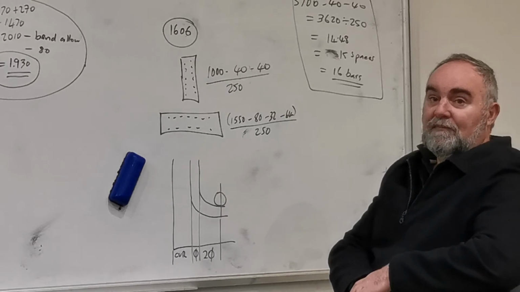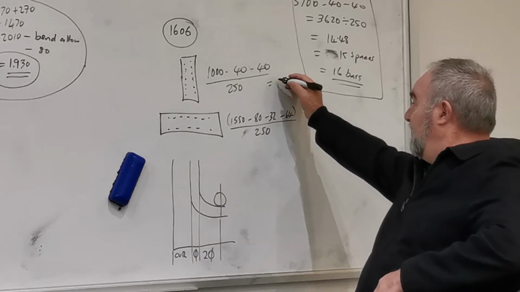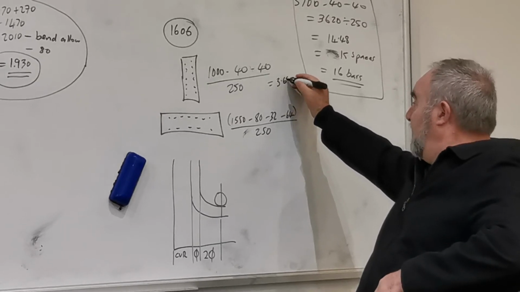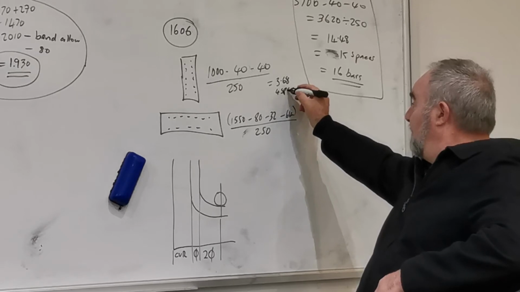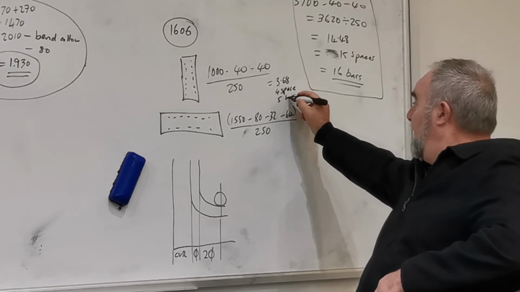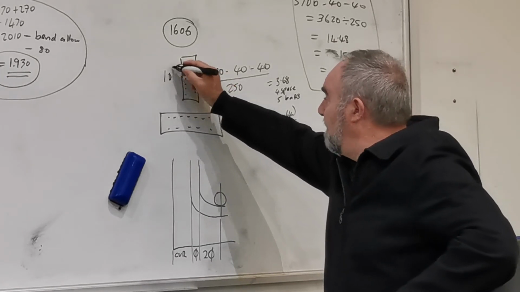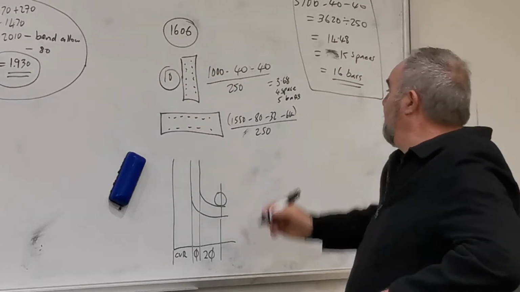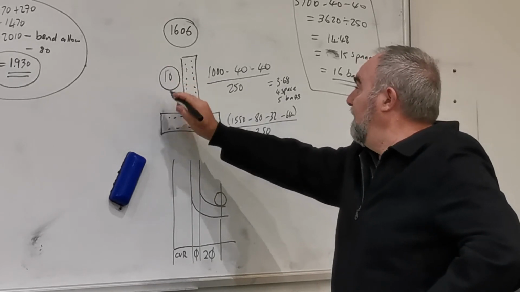What's that come to? 3.68. So that makes 4 spaces, 5 bars. Times 2 is 10.